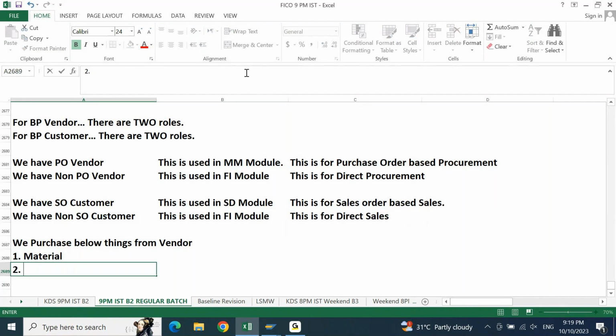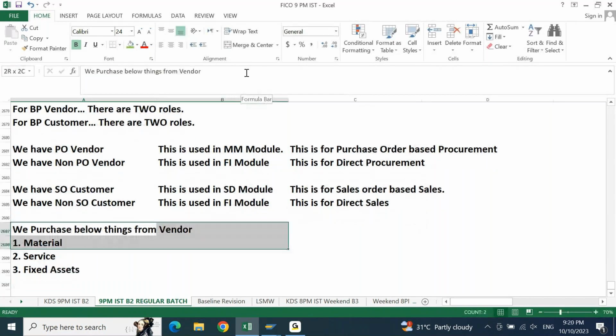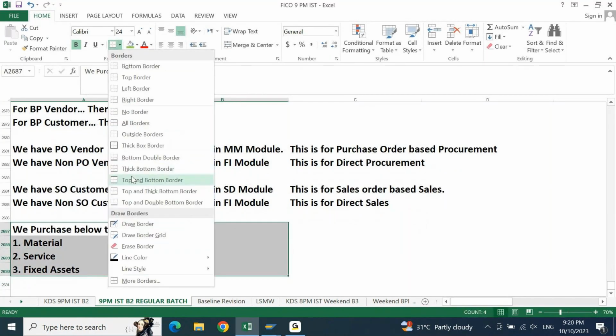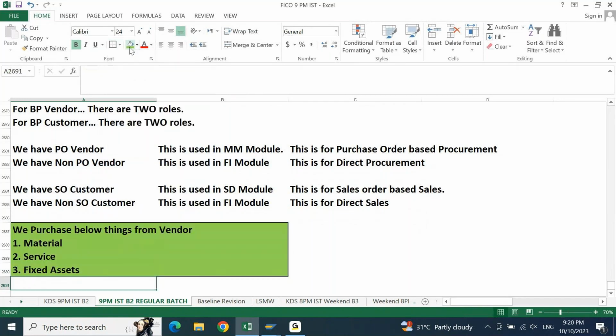One is material, two is service, three is fixed assets. Okay, this is one point which we need to understand.